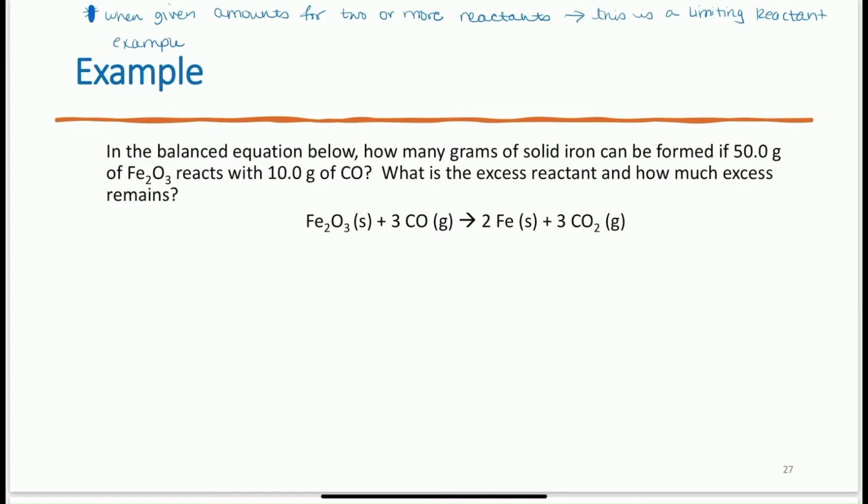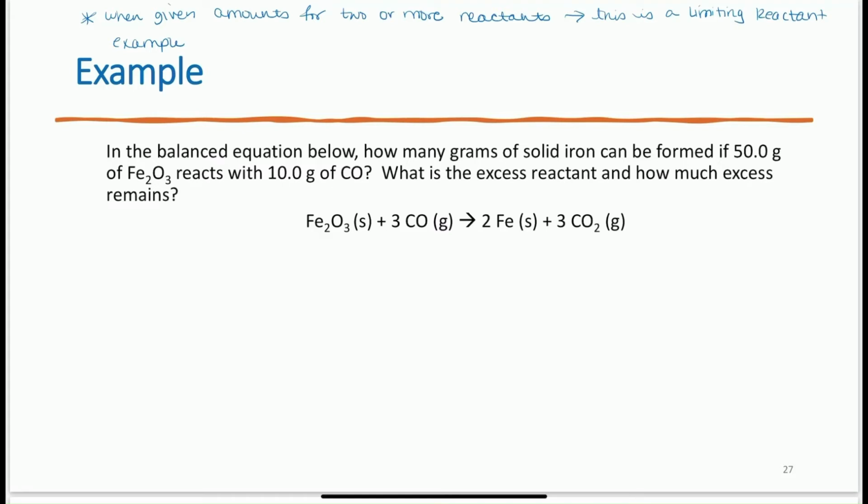And in this chapter, we're really focusing just on moles and grams, but we can also do this with volumes. We can do this with concentrations. There's some examples with volumes in the problems at the end. You're going to see it in other chapters as well. You can do it with concentrations, which we'll cover in chapter 5. We can do it with gases. We can do it with energy. There's a lot of times we can do this, but you need to recognize if you're given amounts of 2 or more reactants, it is in fact a limiting reactant problem.